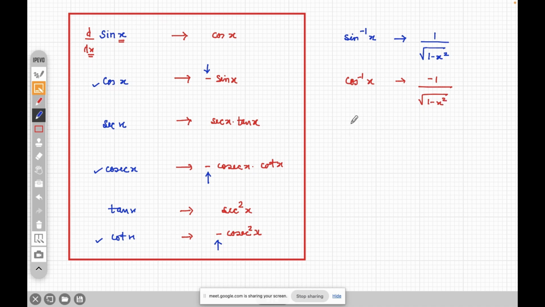Secant inverse x is an inverse trigonometric function. Its differentiation is 1 upon x root x square minus 1. Cosecant inverse x is minus 1 upon x root x square minus 1. You can see the peculiarity, right?